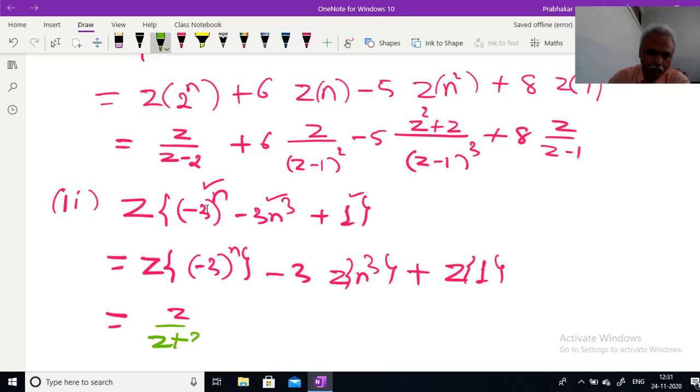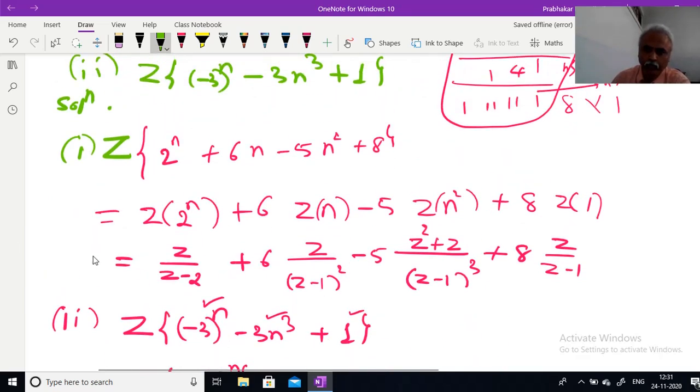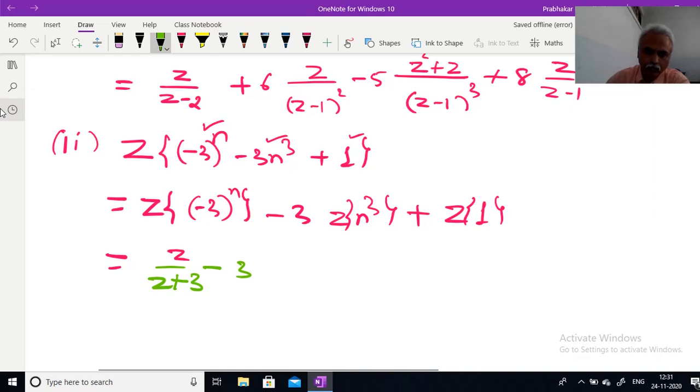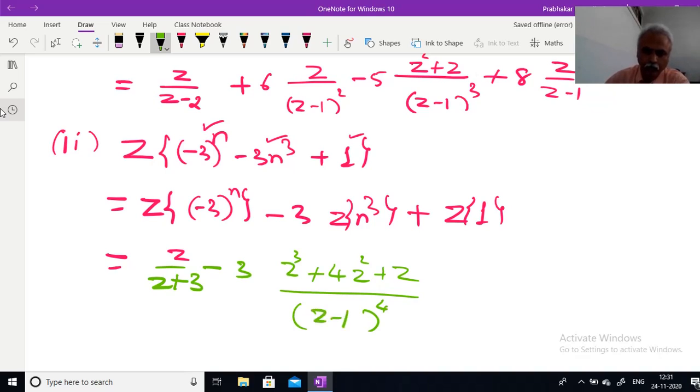For Z of n cube, I told you to remember 1, 4, 1. How do you write that here? It means Z cube plus 4Z square plus Z. So 1, 4, 1 are the coefficients. For n raised to 3, the denominator is raised to 4, so Z minus 1 raised to 4, plus Z by Z minus 1.